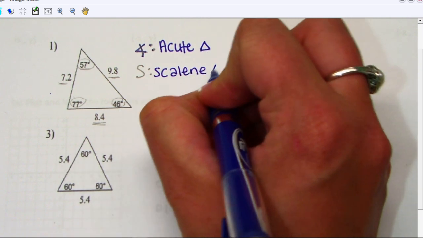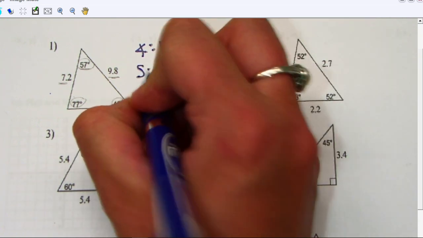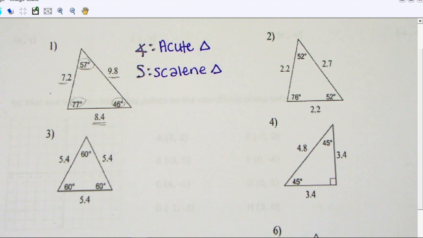So this is a scalene triangle. And that's it. Now, you could also write this as a combined sentence, basically. We could call it a scalene acute triangle or an acute scalene. Whichever method. Like you can write them together, write them separate, but they can go together if you want to.